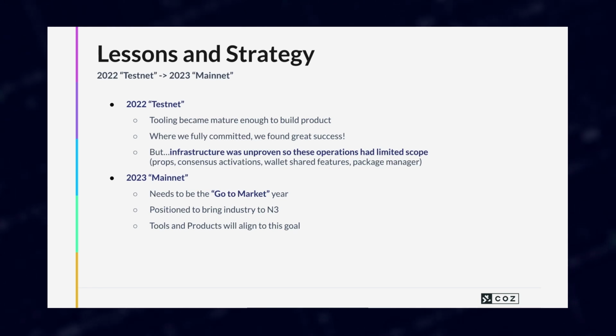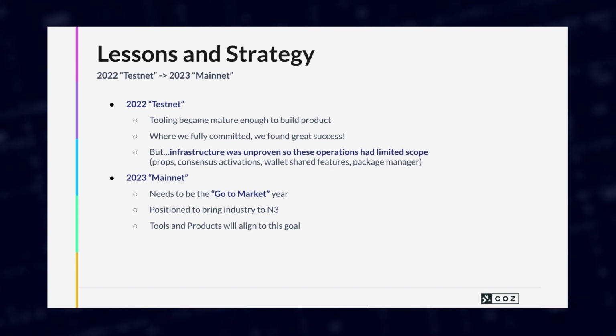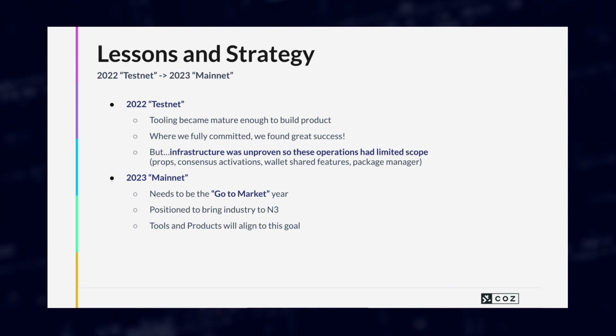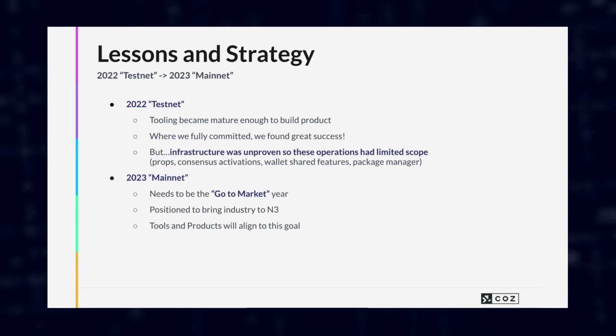And our internal tools and our products that we have within the ecosystem are currently aligned. And if they aren't, they will be moving in that direction based on our roadmap to align to that goal of bringing in industry. So it should be a pretty good year for us.